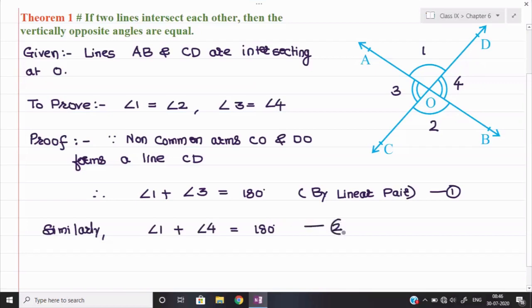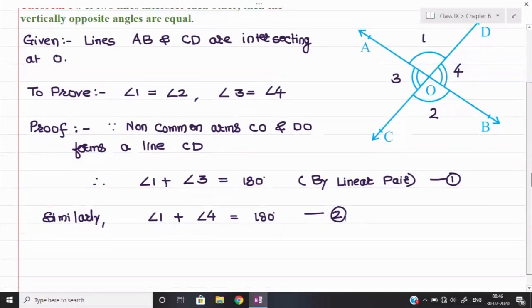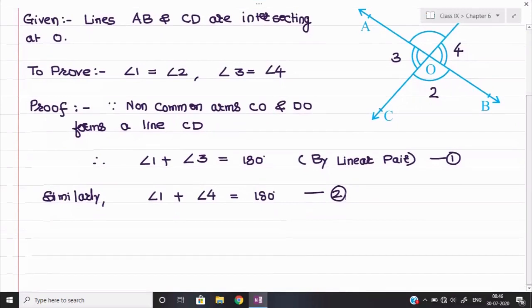Equation number 2. Now you observe in both the equations the right hand side is equal, because in both the equations the right hand side is 180 and 180. So in that case their left hand side will also be equal. So by equations first and second, I am equating their left hand sides.